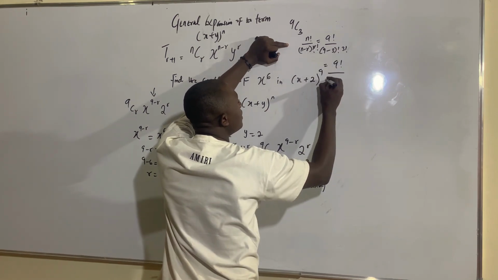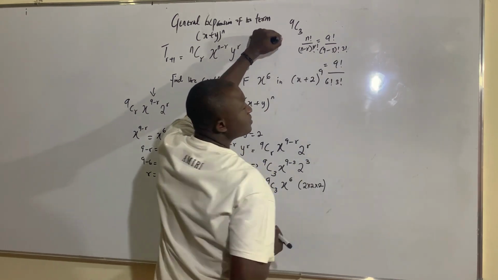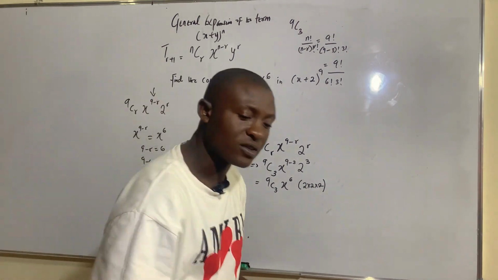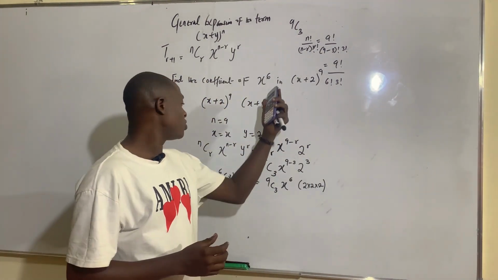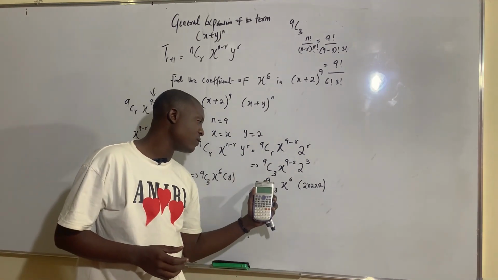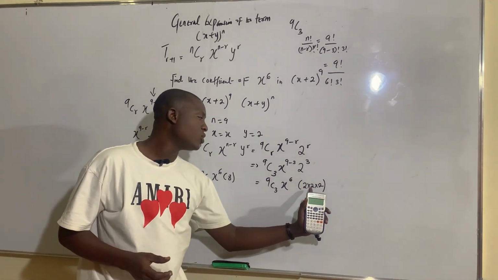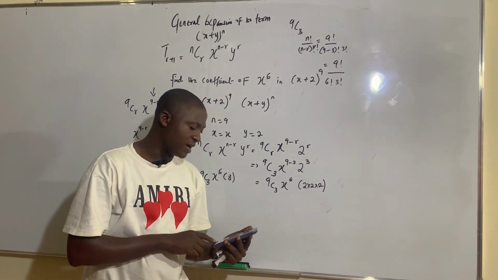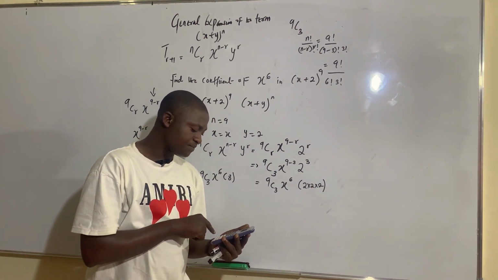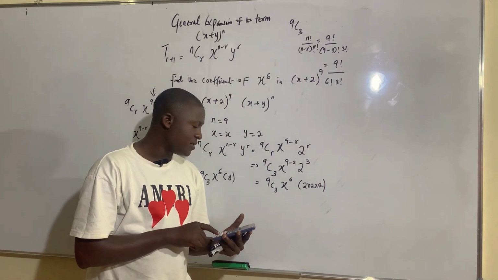So 9 minus 3 here, we have 6 factorial, 3 factorial. And I told you how to evaluate factorial. So you can just follow the same process, how we normally find that. To save our time, just find the value of 9 combination 3. Then we know that 2 multiplied by 2 by 2, that one is 8. So let's quickly find 9 combination 3.